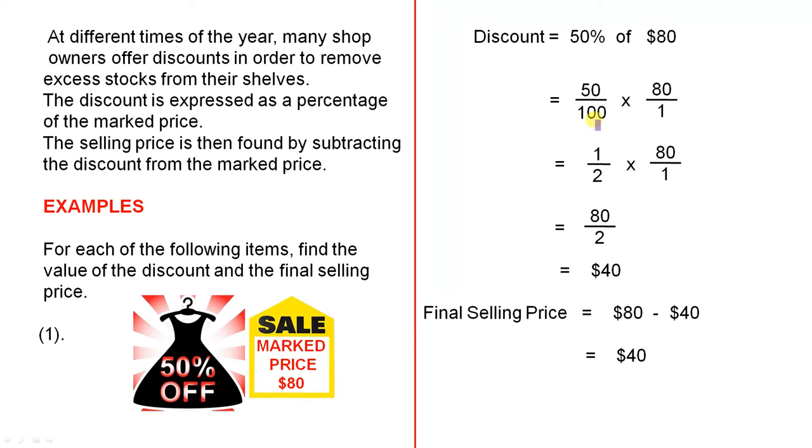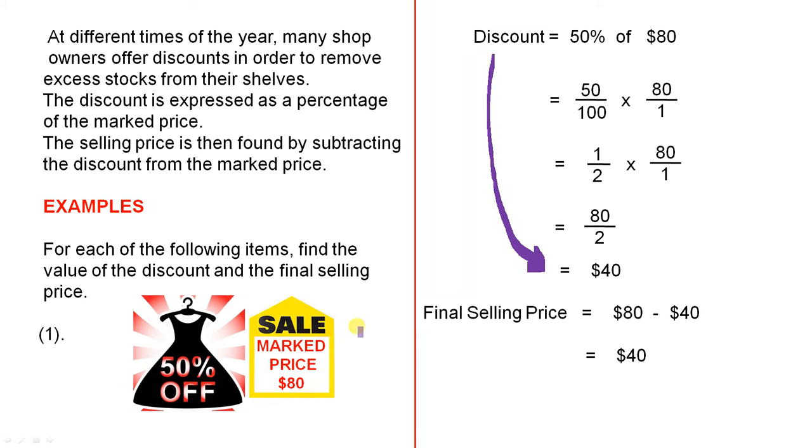Now 50 over 100 is a half, so it's a half times 80, or half of 80. That's 80 over 2, and that's $40. So basically the discount, that's what we've just worked out, is $40. So the final selling price will be $80 minus $40.